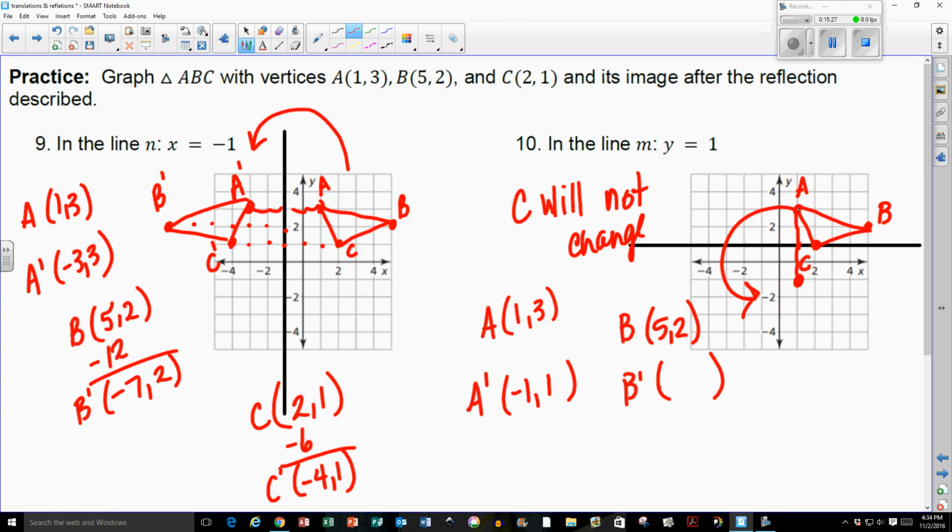Since I went down 2, then I've got to go down 4, so you're subtracting 4. B is 1 unit away, so it's going to be simply 1 unit on the other side. That means subtract 2, so 5, 0. So that's where your new one will be. So this is B prime, and this is A prime, and C didn't change, so it looks more like that.